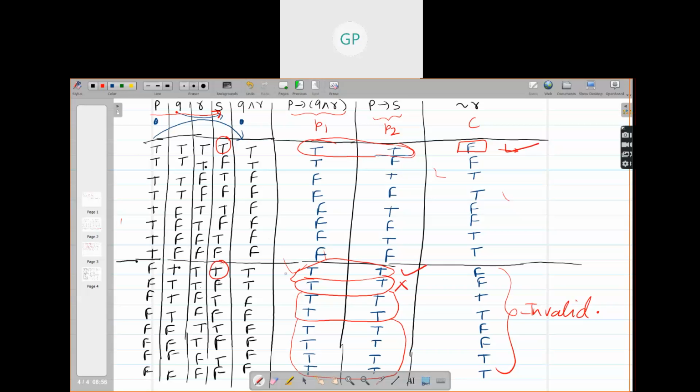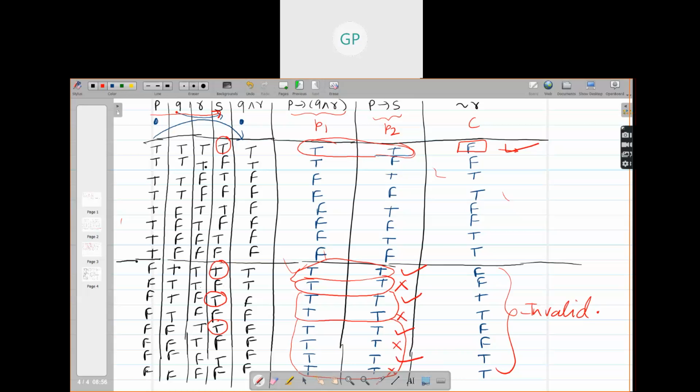I will not consider this row because S is false. I will consider this row because S is true. I will not consider this row. Then I will consider this row also because S is true, not this row. Then I will consider this row and not this row.